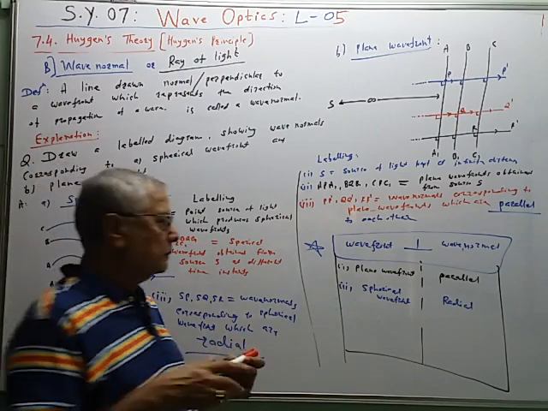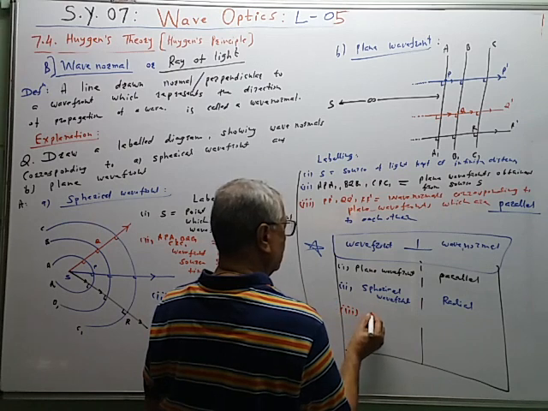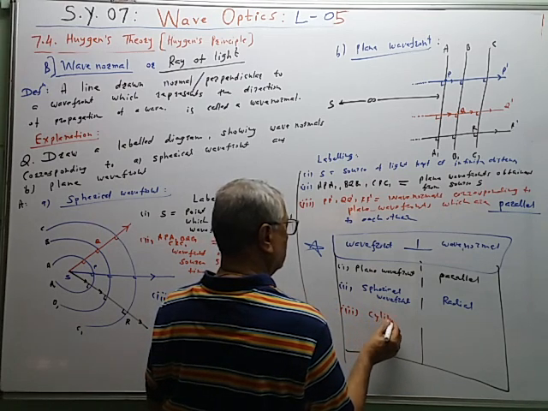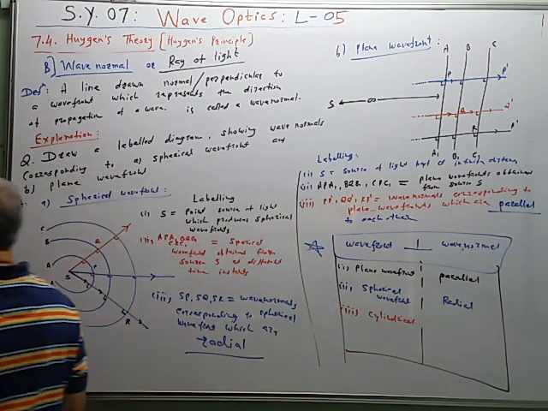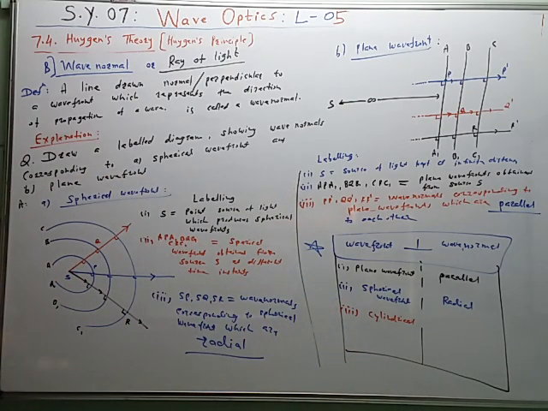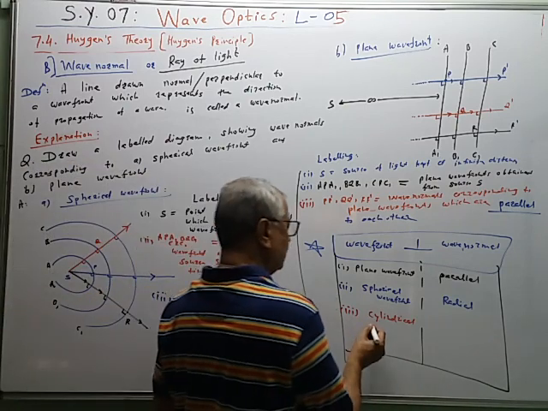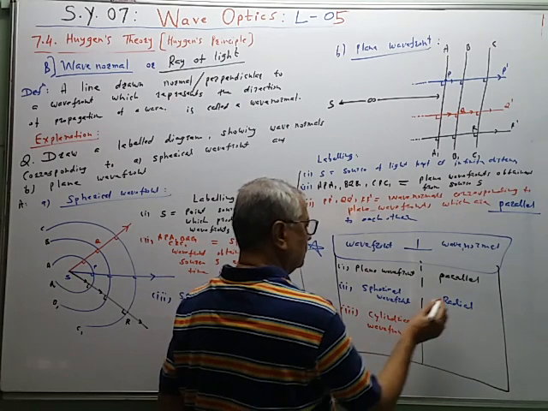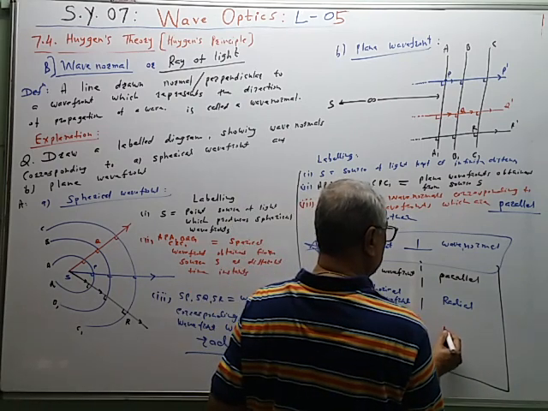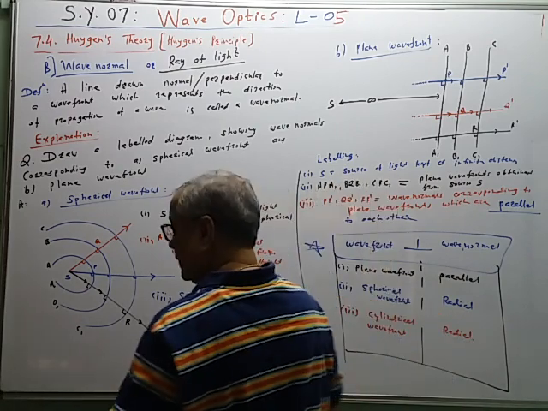And third type, cylindrical wavefront. Then the corresponding wave normals are again radial.